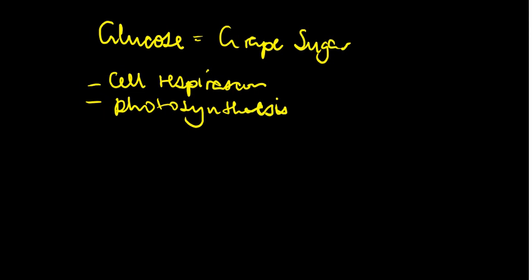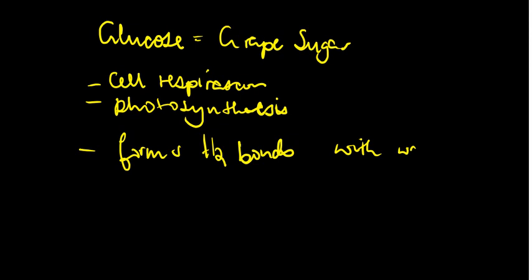The reason why glucose is soluble in water is because glucose forms hydrogen bonds with water molecules. Like you can see, in the first place we mentioned that these monosaccharides are soluble.